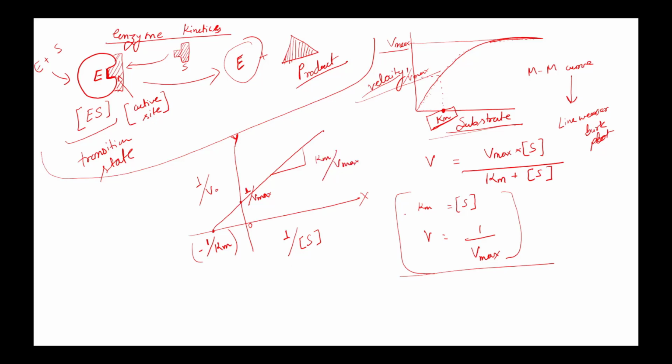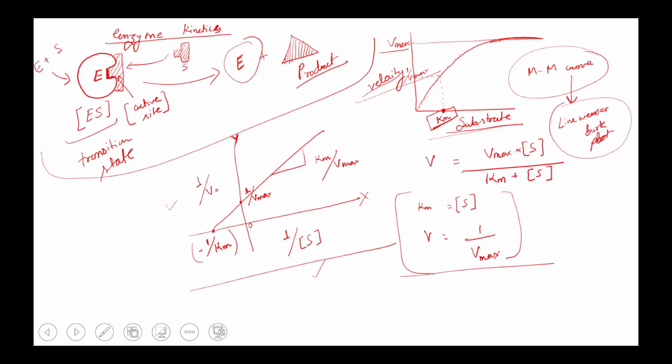So the Michaelis-Menten curve is converted to the Lineweaver-Burk plot by using the double reciprocal values of velocity and substrate to give a straight line, so that we can easily find the value of Vmax. This plot is also very useful to show inhibitor kinetics, so this is the plot we are going to follow. Before jumping to that, let's first discuss the types of inhibition. What are the different types of inhibitions?